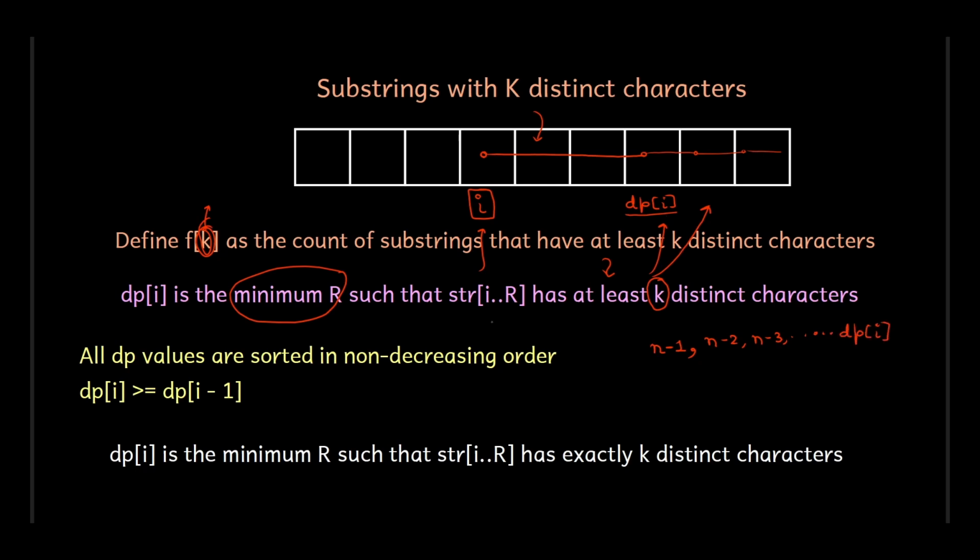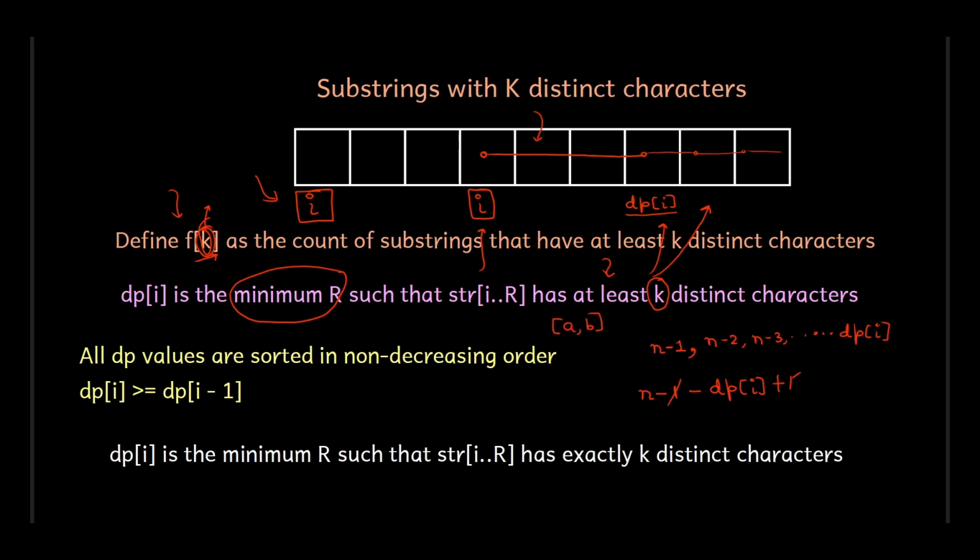So if you wanted to find out how many substrings contain at least k characters, you can find out the number of substrings that start at any index I, for all index I that are available in the array, and they can end over here. So how many numbers are there in this range? The total number of elements that it can end at is n minus 1 minus DP of I plus 1. The number of elements in the range a to b is equal to b minus a plus 1.